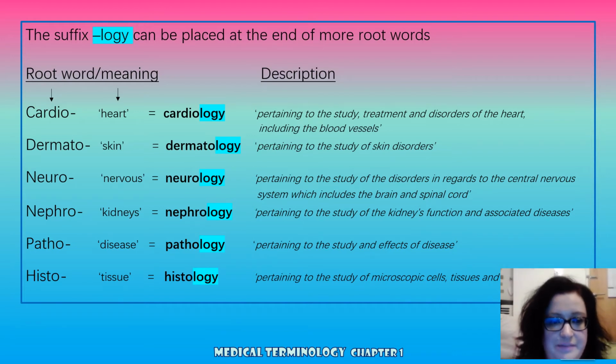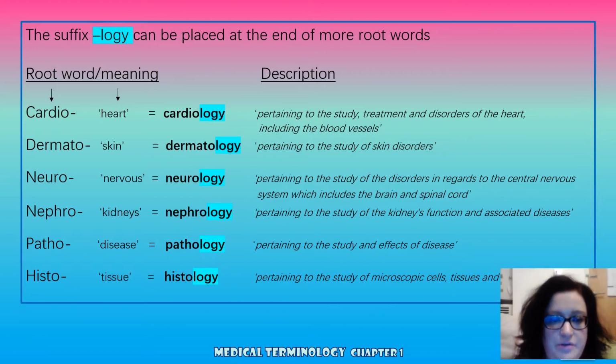Patho actually means disease. So when you say pathology, you mean the study of disease. Histo, again, nothing to do with tissue. I can only think of history, somehow making sense of it. The more you read it, the more you pick up on it. So basically, logy is again the suffix to do with the study of.